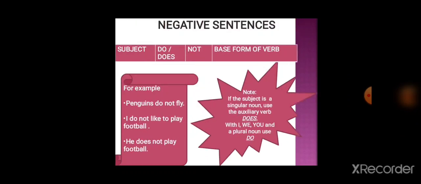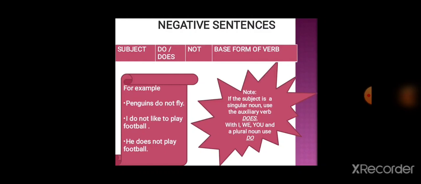Now see the negative sentences. Here we use the subject first, then the auxiliary verb do or does, then not and the base form of the verb. For example, penguins do not fly. I do not like to play football.